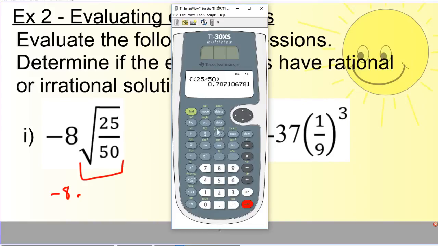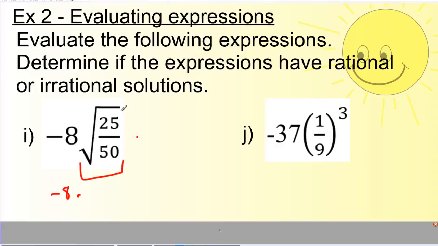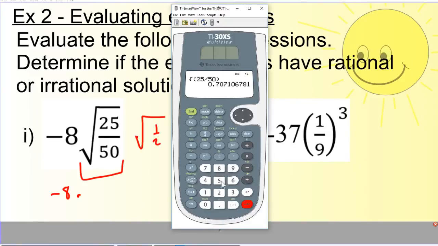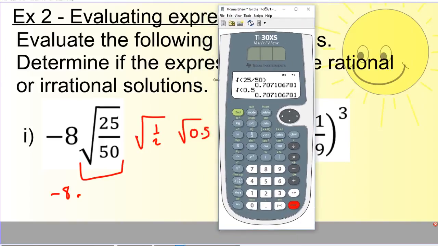Well, let's think about this another way. This right here, 25/50, that is the square root of 1/2, or the square root of 0.5. If I did the square root of 0.5, I should get the same thing. There we go. I do not believe that to be a rational number.